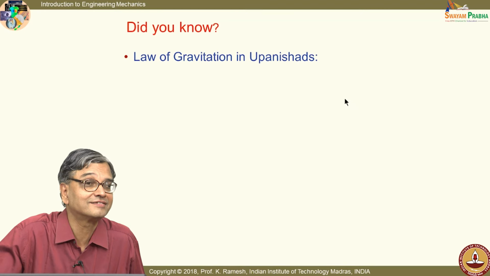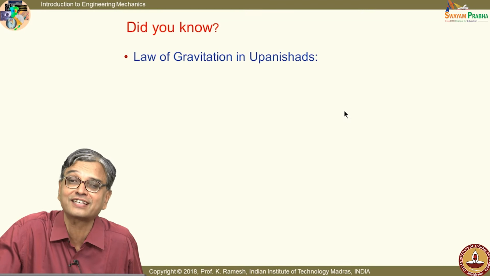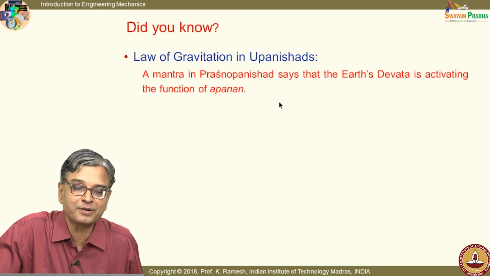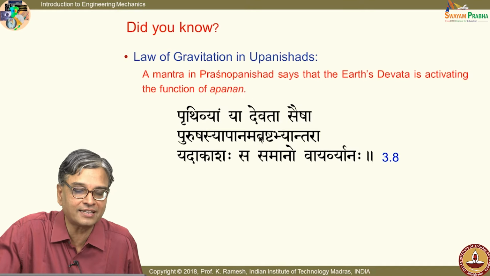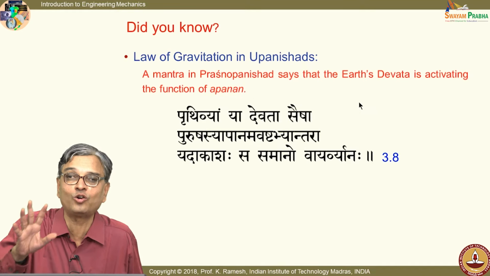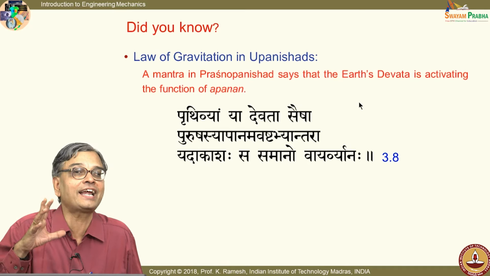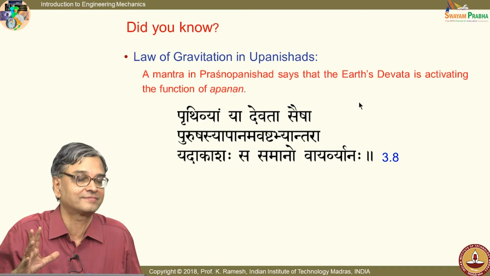And we said that gravitation was so difficult to understand, because it is a force acting at a distance. Law of gravitation is in the Upanishads. How many of you have ever heard of this kind of point of view? A mantra in the Prashna Upanishad says that the earth's devata is activating the function of Apana, and you will have a shloka like this, and I said a shloka alone is not sufficient, you need the right interpreter to do it.